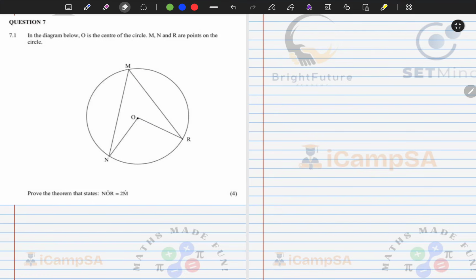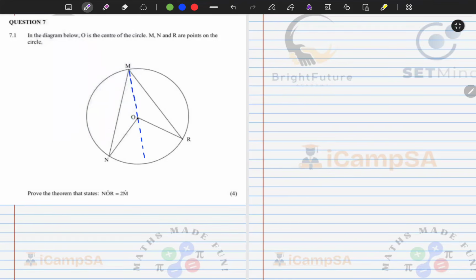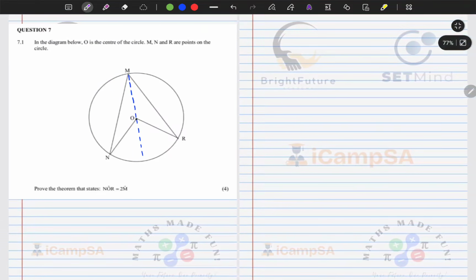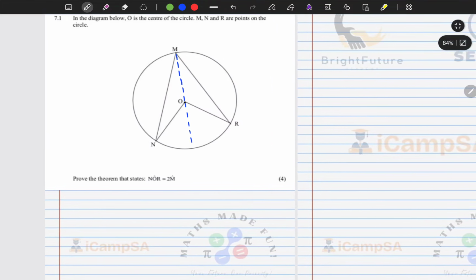So essentially for this one, what you needed to do was to just construct a straight line like this one. Very simple.